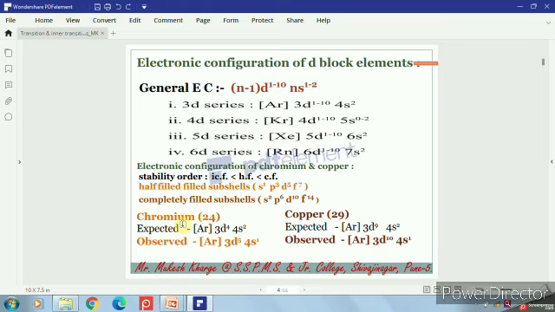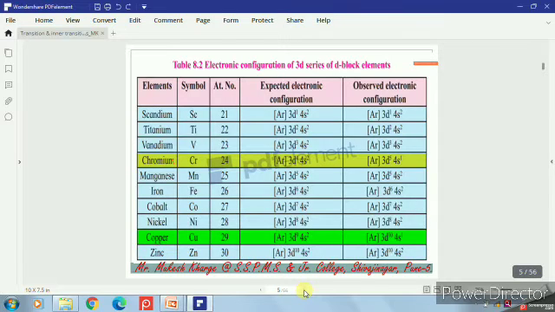In this way, you can write the electronic configuration of 4d, 5d, 6d elements. So here is the electronic configuration of these elements. Always write down this electronic configuration for chromium and for copper here.